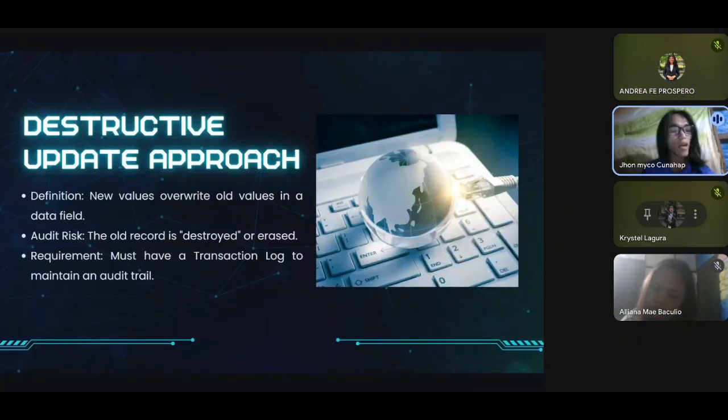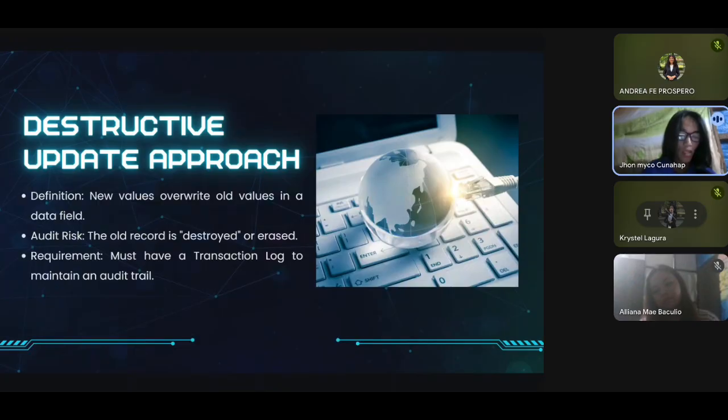So in this method, when you update a file, the computer replaces the old data with the new data. The old data is destroyed, no? As it is destroyed to save spaces. As auditors, we must make sure that there is a transaction lag, as what I've put in the PPT.